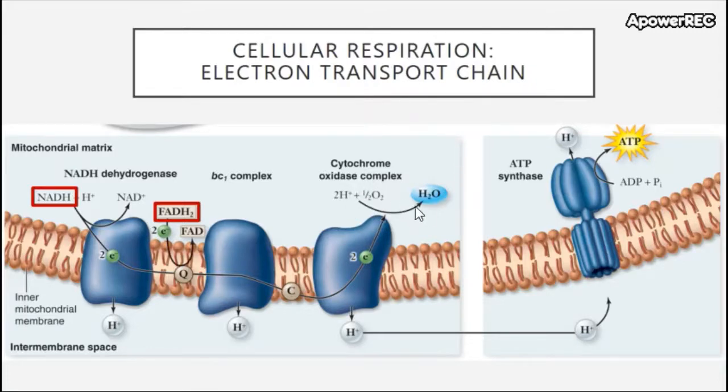This reaction is balanced, so it's written as half an oxygen molecule in order to simplify things, but it reacts with the electrons. Remember, oxygen loves to take electrons, and a couple hydrogens, and it produces water. That is the major role of oxygen. We call it the terminal electron acceptor in cellular respiration.